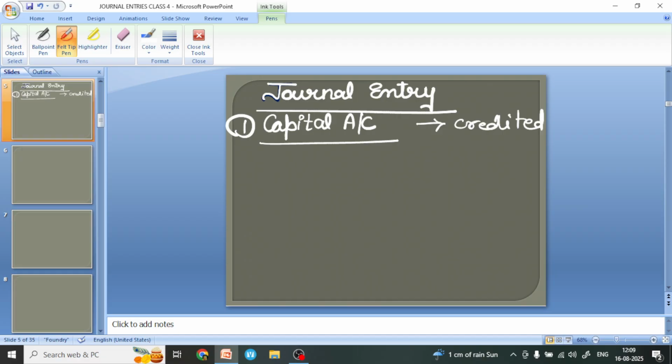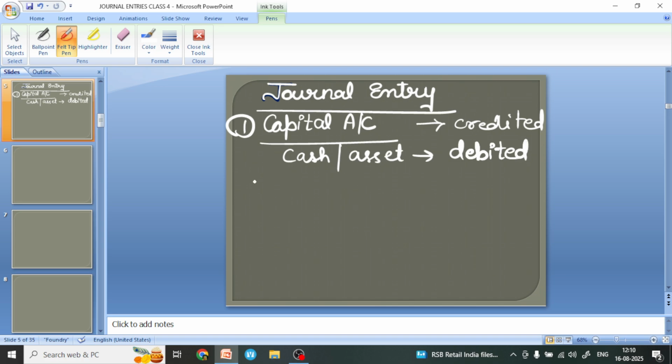And cash or assets which are brought into the business will be debited.